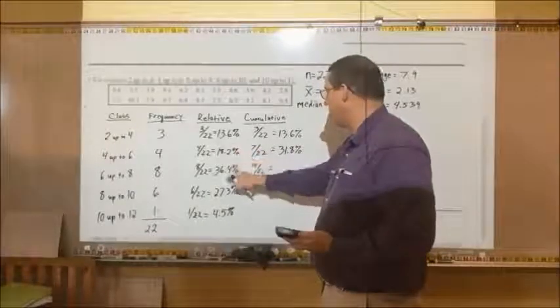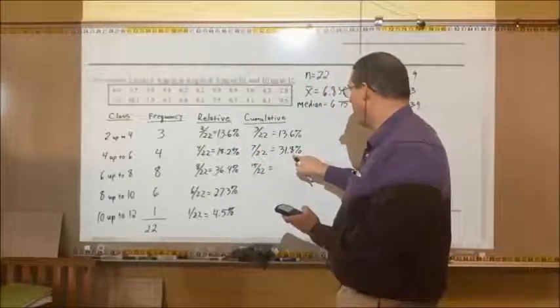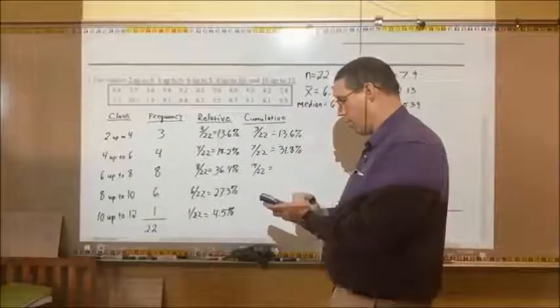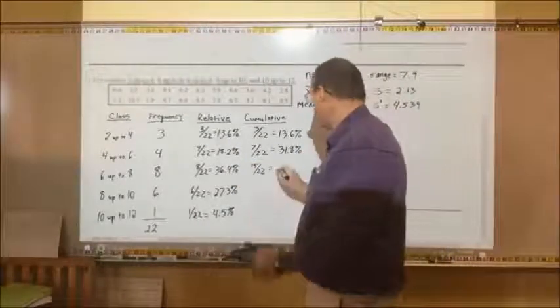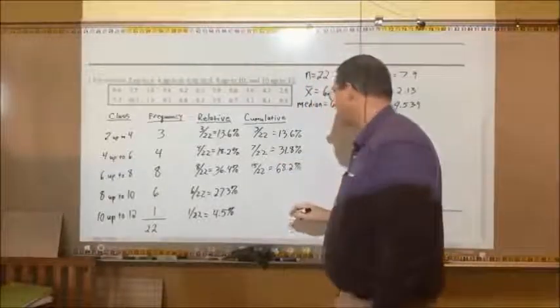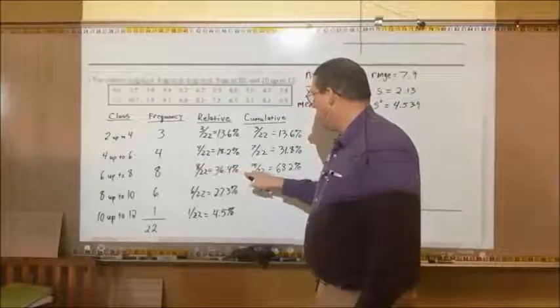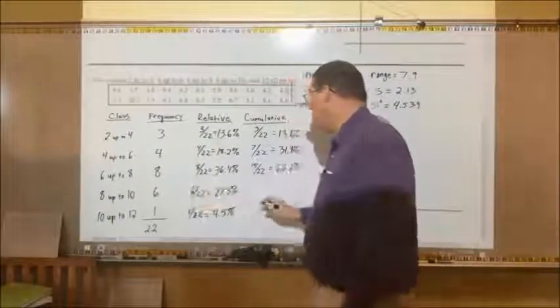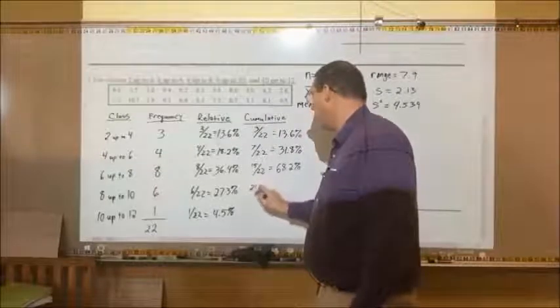And then we're going to add up these three percentages. So 31.8 plus 36.4 is 68.2%. Now, 3 plus 4 plus 8 plus 6, that's 21. So we'll have 21 out of 22.